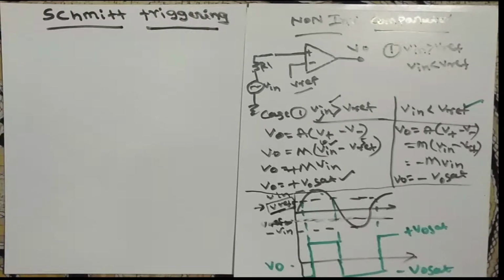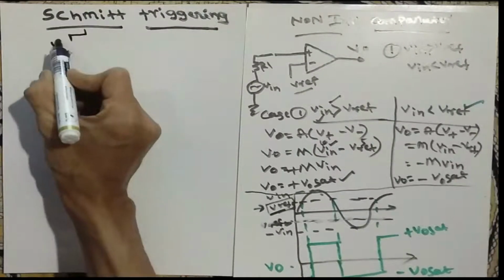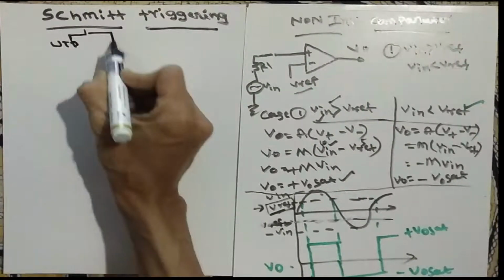Simply we can say that Schmitt triggering is nothing but a comparator, but it has two points to compare. Those two points we call triggering points, and at that point the output will go either up or down. The two triggering points are usually called UTP and LTP.